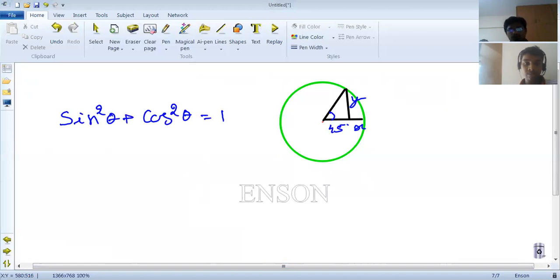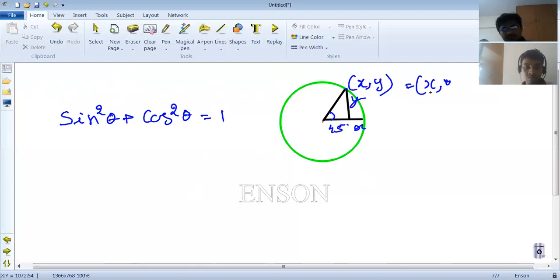Now if you take the value of x comma y at a 45 degrees angle, x is equal to y. So the point will become x comma x. At 45 degrees, the y value will become x, because both are equal.